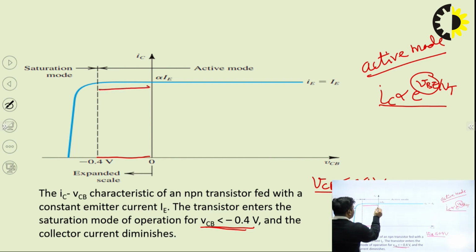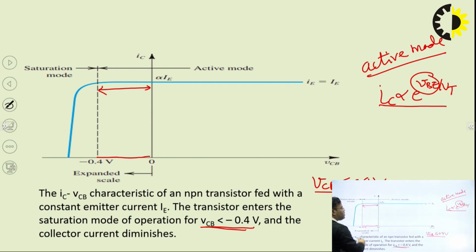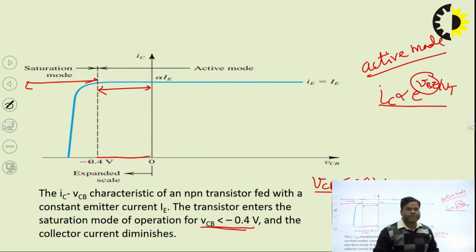In this region we have negative VCB. If VCB is less than or equal to 0.4 volt, the BJT enters the saturation mode. So, this is the saturation mode operation characteristic curve, where with increasing negative VCB, the current at the collector terminal decreases.